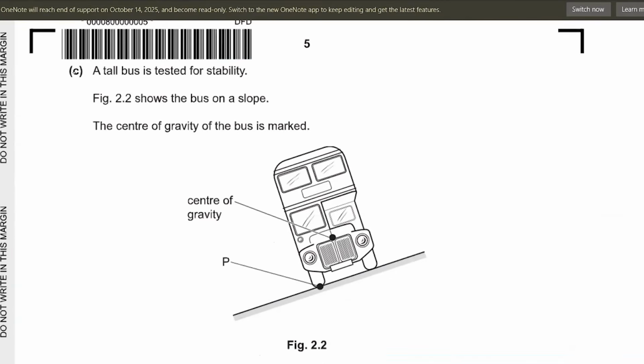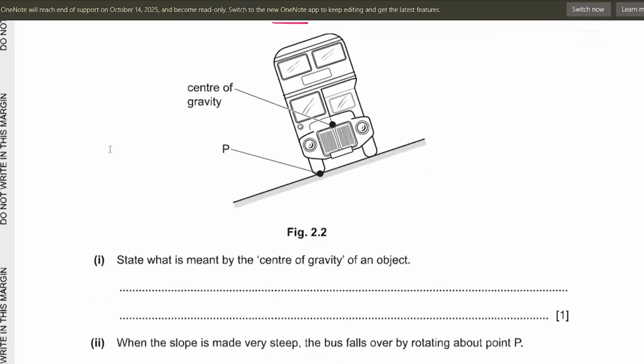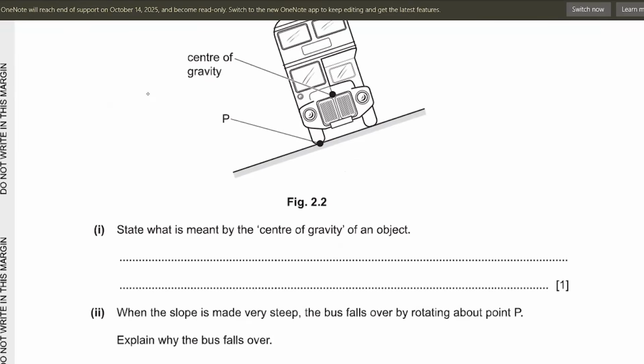चलो जी. A tall bus is tested for stability. Figure 2.2 shows the bus on a slope. The center of gravity of the bus is marked. ठीक है भाई, ये center of gravity of the bus है in the middle. State what is meant by the center of gravity of an object. बेटा center of gravity of an object का क्या मतलब होता है?